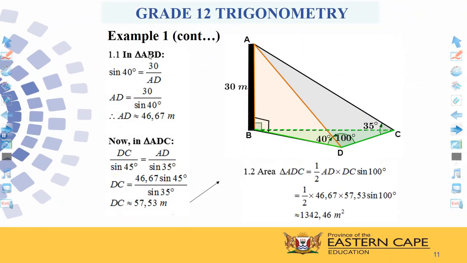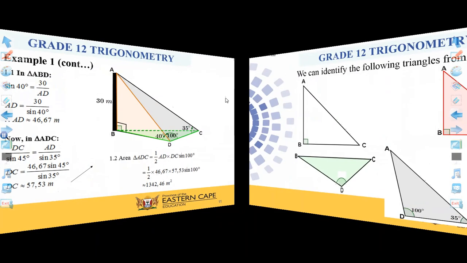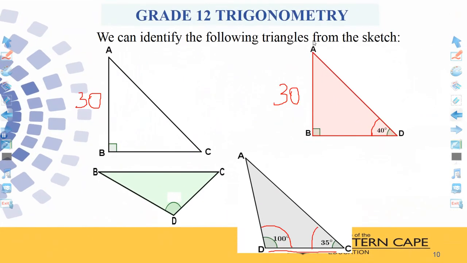I will go to triangle ABD, because it has two things that I need. In one triangle I only know one thing, in another I know nothing, and in this one I know two things, but I want DC. Before that, this one may help me because I know a side and an angle, and this is a right angled triangle.